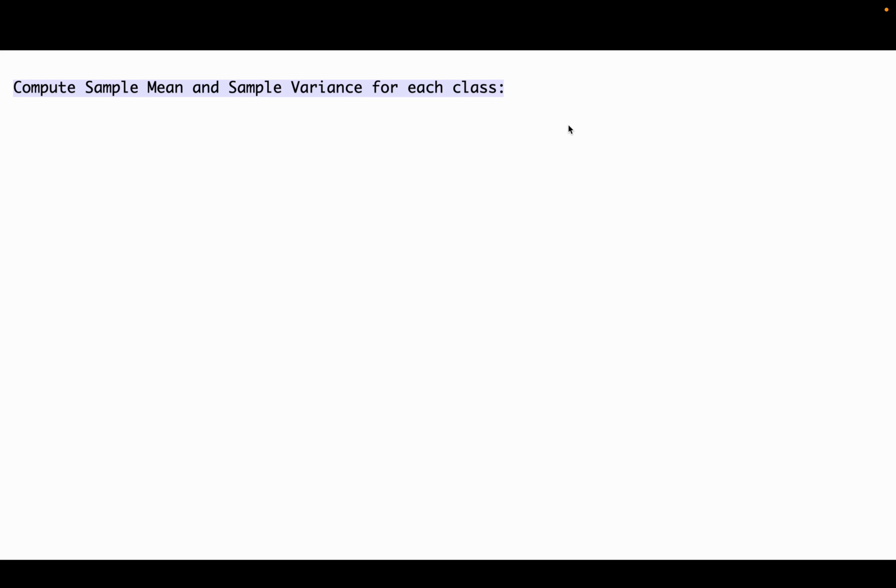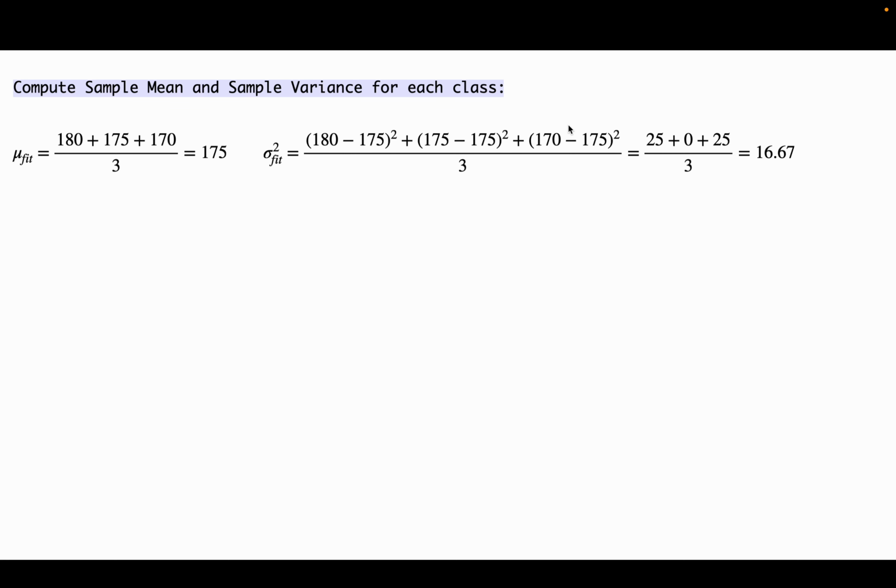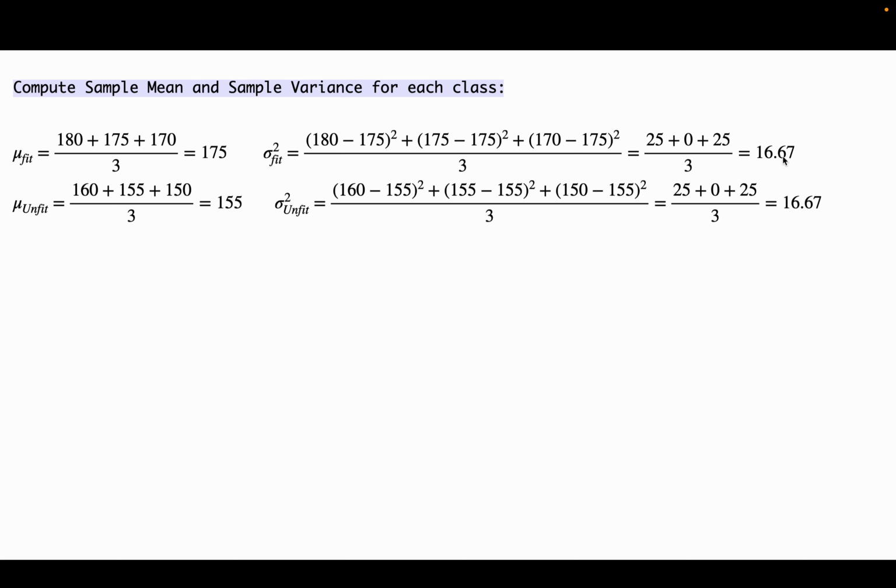Let us compute the sample mean and sample variance for each class. We have 3 points. If you take the average of those 3 points, we get the sample mean, and if you compute the variance of those 3 points with respect to the sample mean, we get the variance value. We can do the same thing for the unfit class.